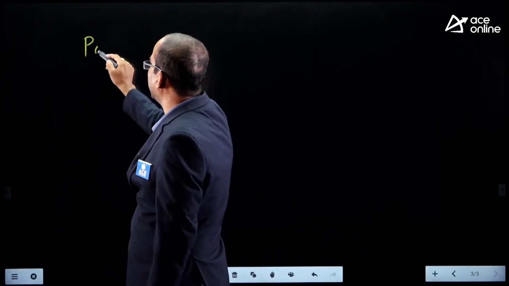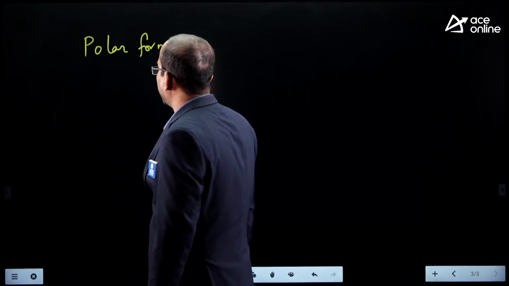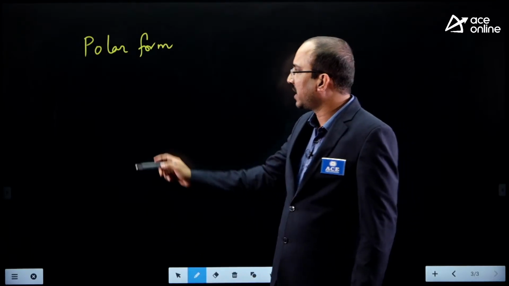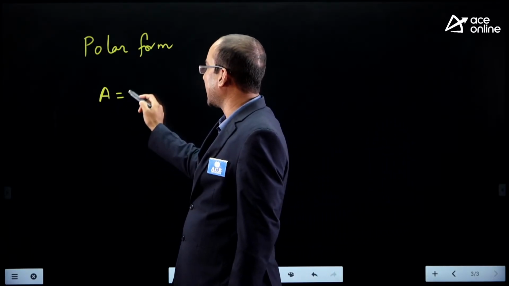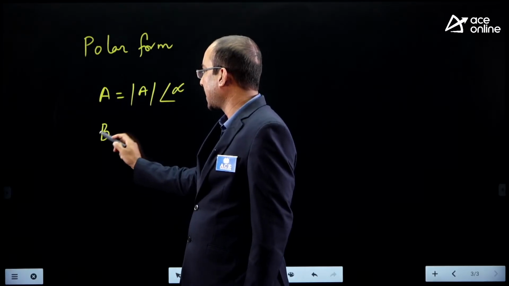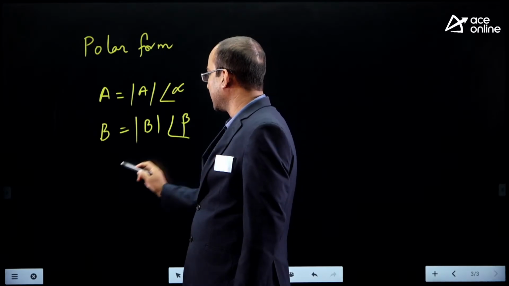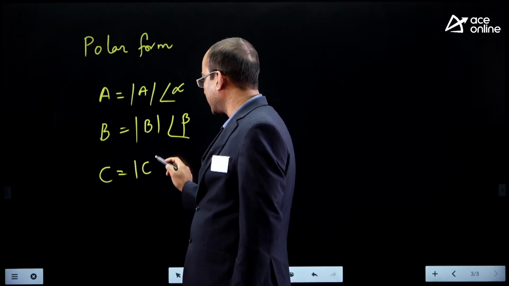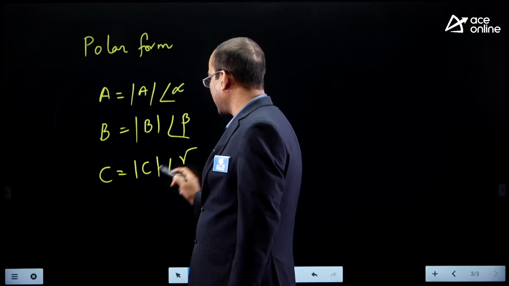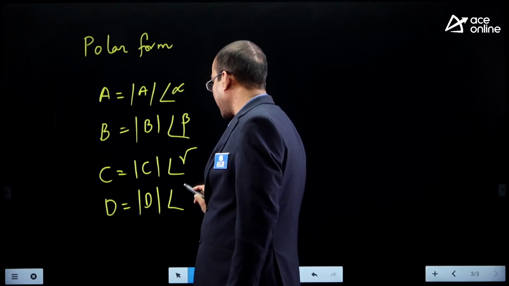In polar form, the representation of ABCD parameters is: A is represented as mod A at an angle of alpha, B as mod B at an angle of beta, C as mod C at an angle of gamma, and D as mod D at an angle of alpha.